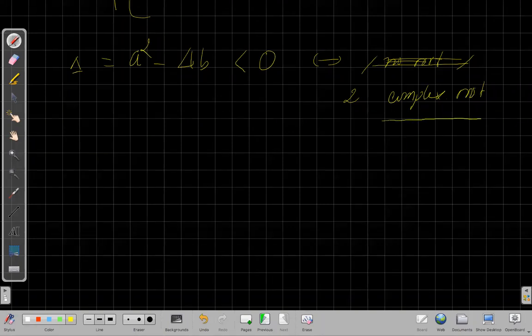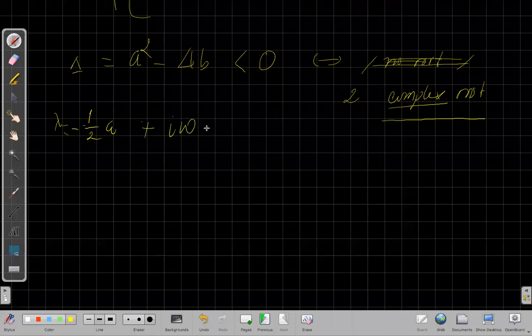If we consider complex numbers, lambda 1 equals minus a over 2 plus i omega, and lambda 2 equals minus a over 2 minus i omega.